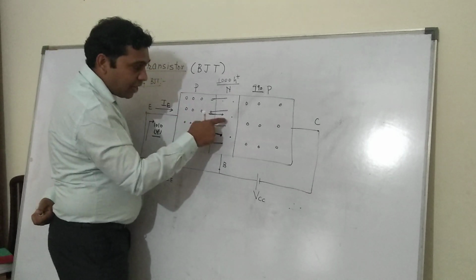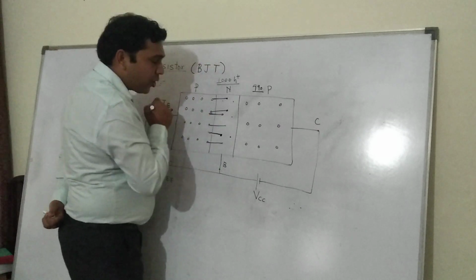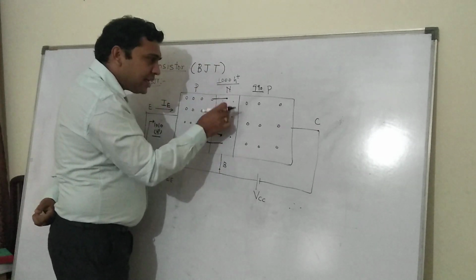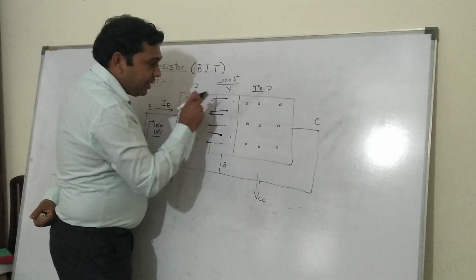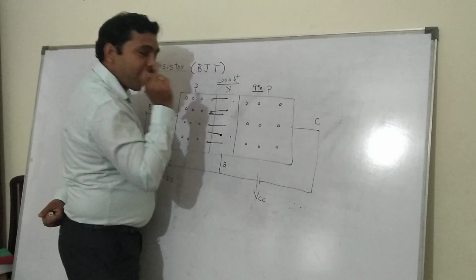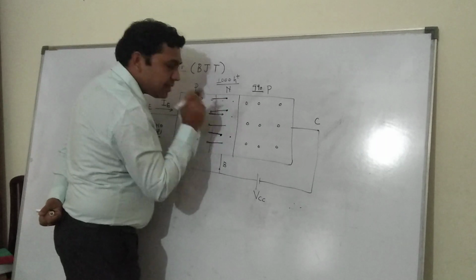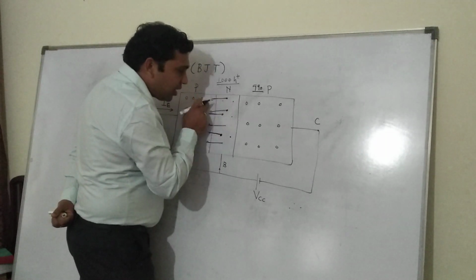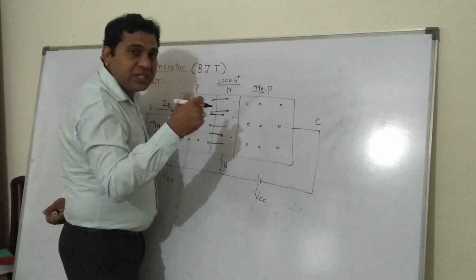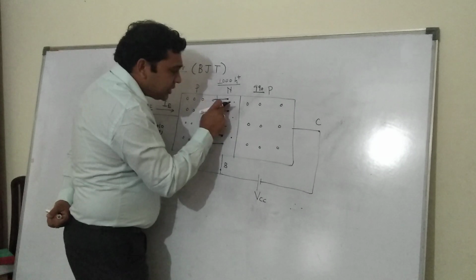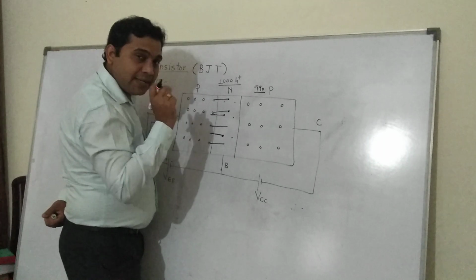Okay, so we'll see now the base. Let's say this recombines here with the electron. So let's say 10 holes get recombined here. When 10 holes recombine here, 10 electrons are less here, because as soon as one hole comes and recombines with an electron, the effective number of electrons in the base is reducing.